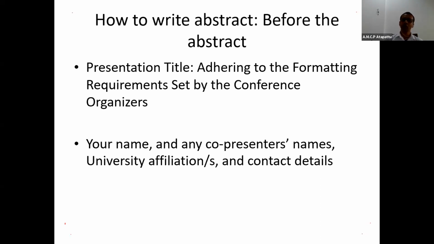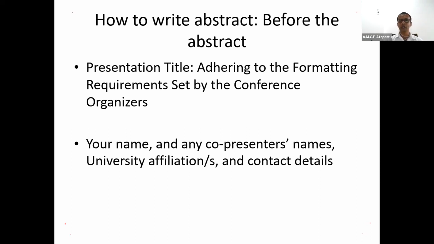That's why you must adhere to the formatting requirements set by the conference organizers or the journal publishers. They will send some guidelines according to that page formatting. You can do it within 1 hour, but if you have completed your study, then write. If there is one author, include the name of the author and the affiliation, which university you are affiliated with, University of Colombo or CINEC Campus or another organization.